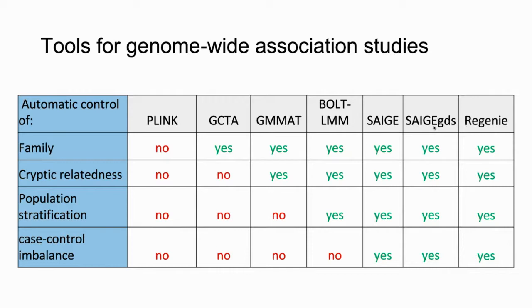Yes. Ilja? Yeah, so can Regenie also be used with VCF files? So version any? Oh, yeah. I'm actually not sure what the input for Regenie is yet, but definitely you do not need the GDS conversion, because the GDS conversion is unique for SAIGE GDS. Is that the question?